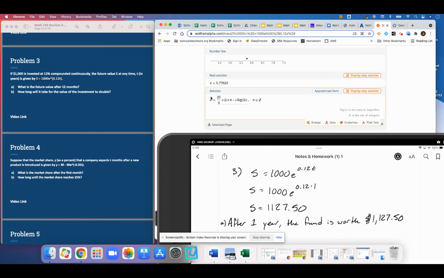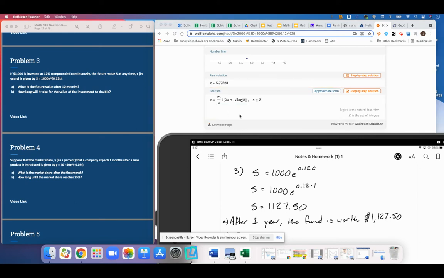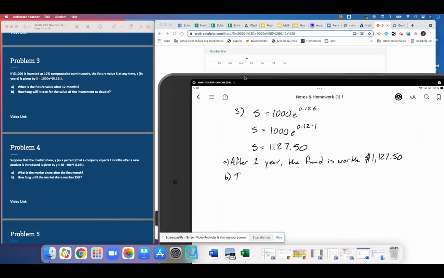We got 5.78 years. So the value of the fund will double in 5.78 years. Another way of saying that is that the fund will be worth $2,000 in 5.78 years.